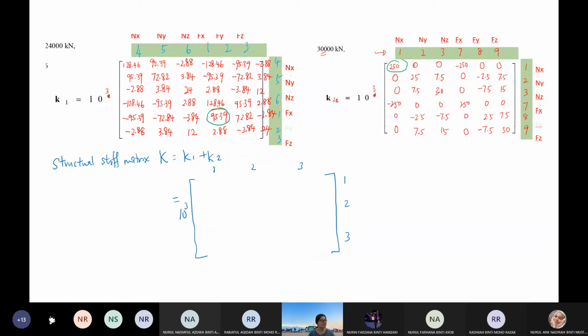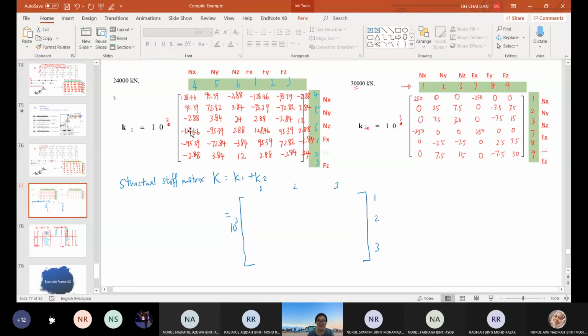Get this. 345.39. I think you circled the wrong part. Wrong part? 128.46. Oh, thank you. Okay, start again.